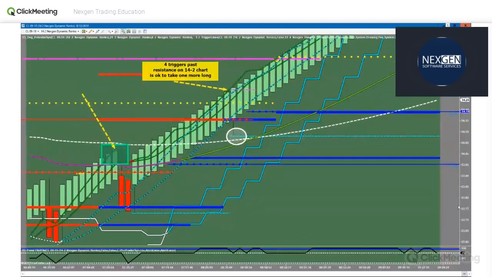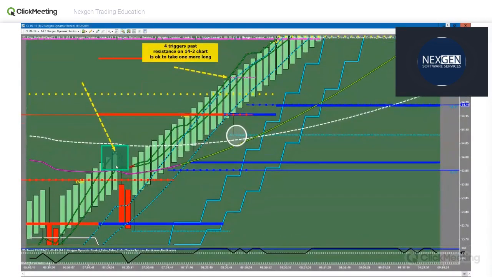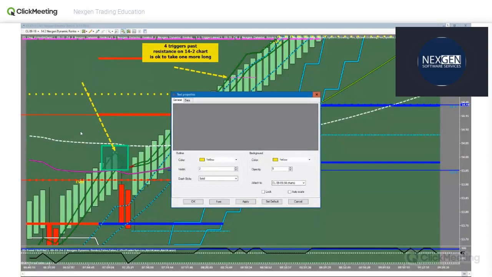And it's not that we weren't going to go up. We're going up. The problem is, and I'll show you, watch, the subtlety. Milby, you'll understand this too, and Eddie, you'll see it immediately. Not 4 trigger lines past resistance. So we should not do a 5-1 trend trade.